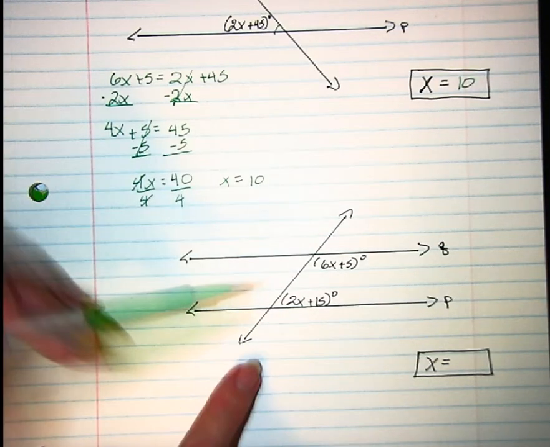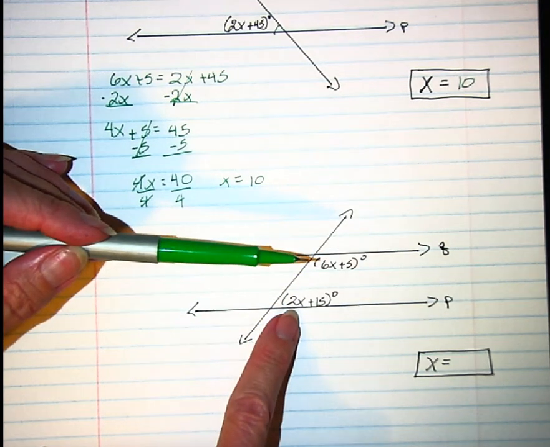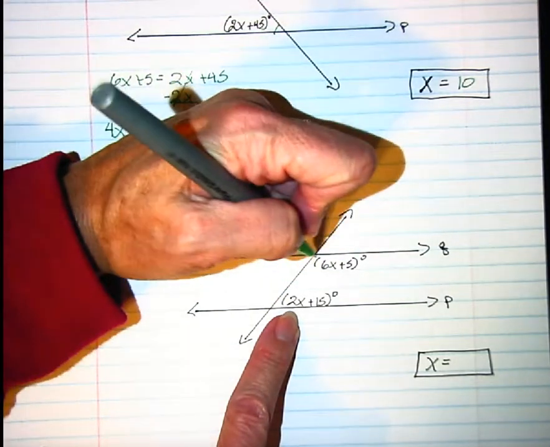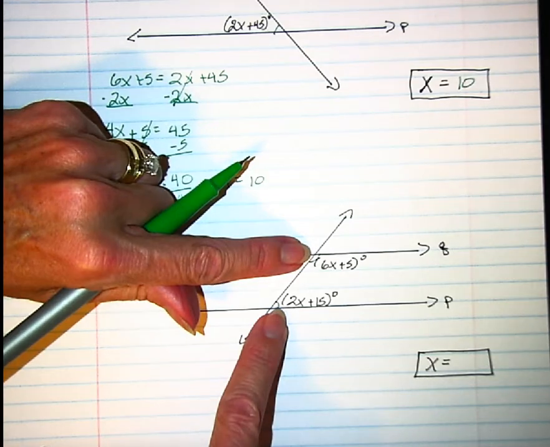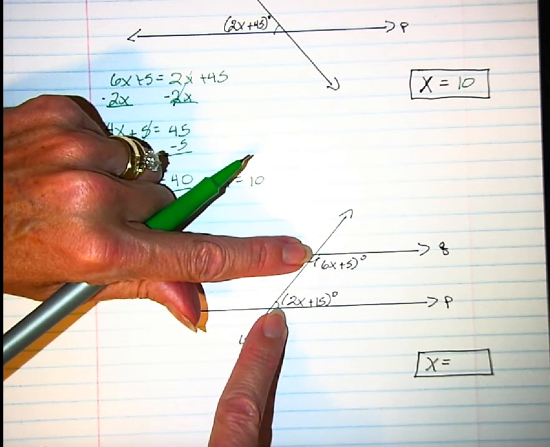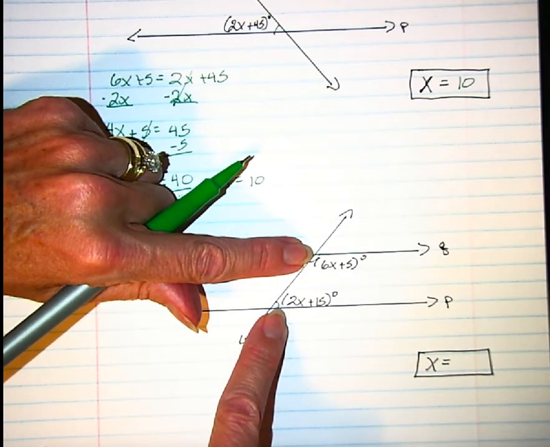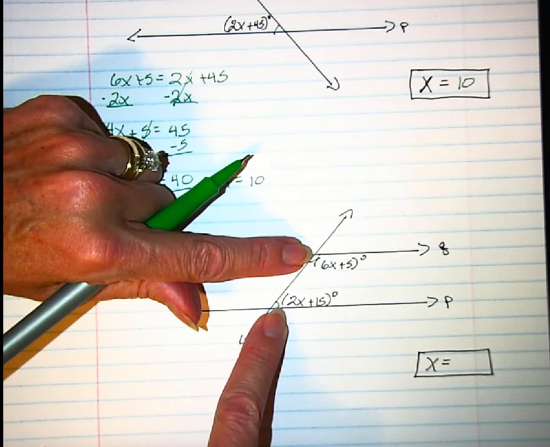All right, so in this example, the first thing you need to do is figure out what relationship these two angles have to each other. All right, I'm working with these two angles right here. Well, they're both on the inside of the parallel lines, and they're both on the same side of the transversal. So that falls into my same side interior angle theorem.